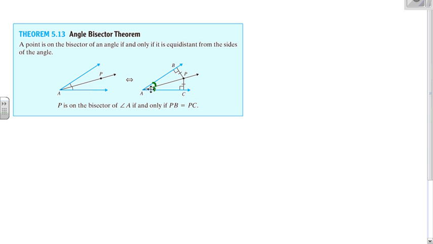And this length AP is equal to itself by the reflexive property, so we do have either angle, side or hypotenuse angle, since it is a right triangle, which would prove that the triangles are congruent, triangle BAP and CAP. Since the triangles are congruent, BP is equal to CP, because those are corresponding parts. So that would be how you would go through the proof of the angle bisector theorem.